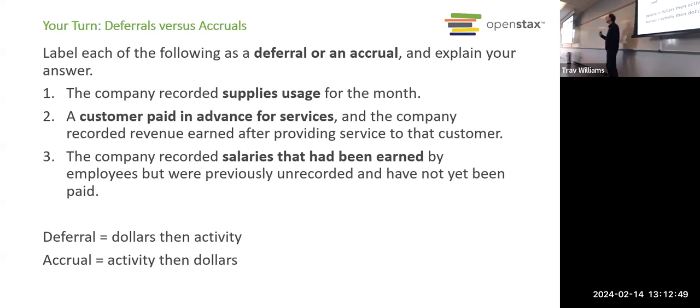The activity, which would be either the revenue or the expense, happens first, and then the dollars change hands later. Right? That's your friend for this chapter. When you get confused about whether this is a deferral or an accrual, think about it in these terms, and hopefully that will give you the answer. Any questions so far?